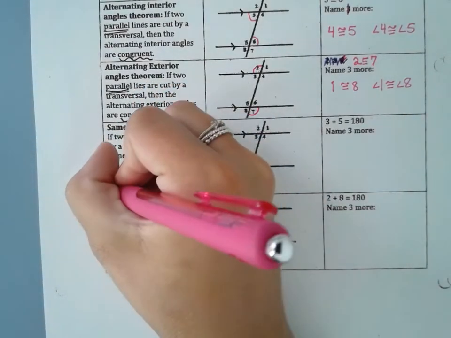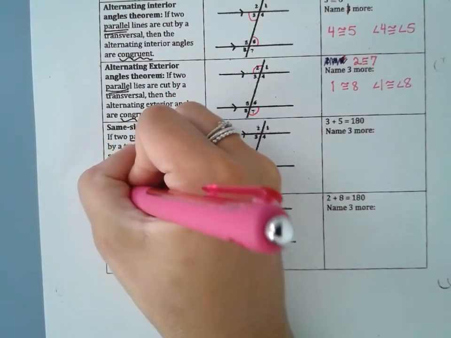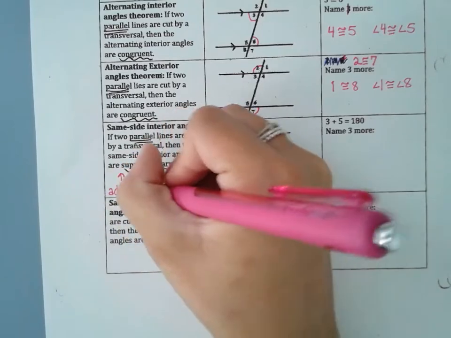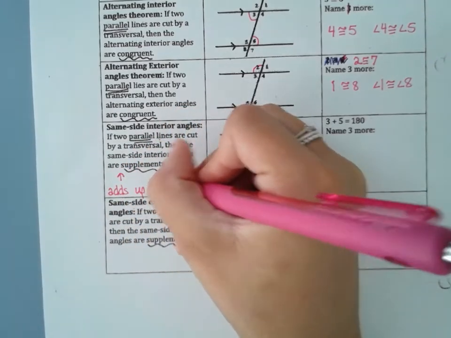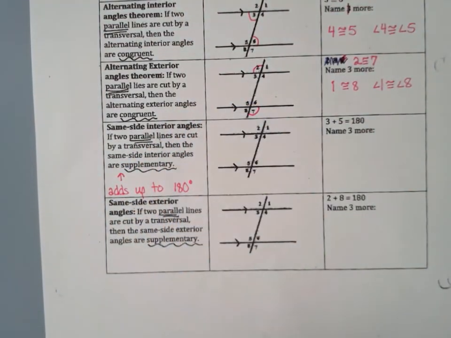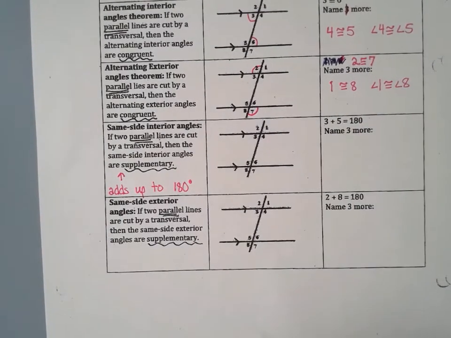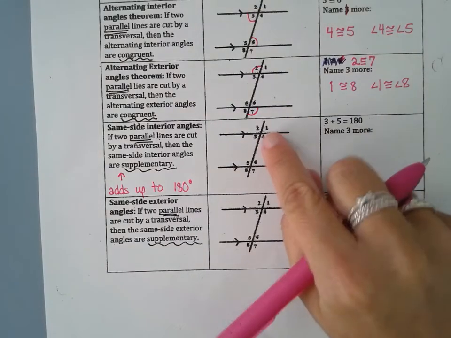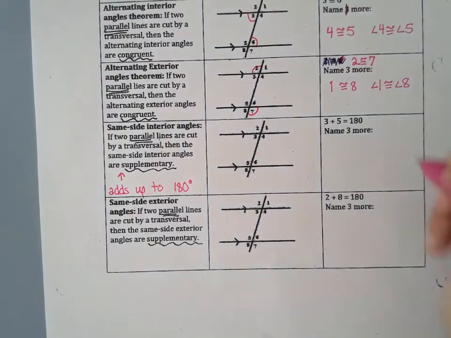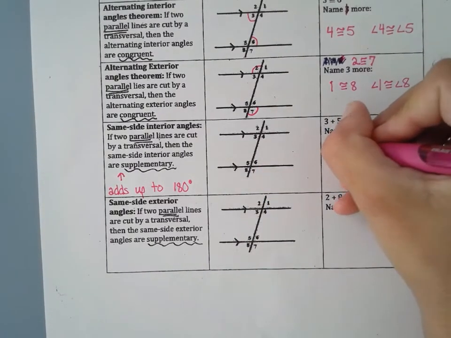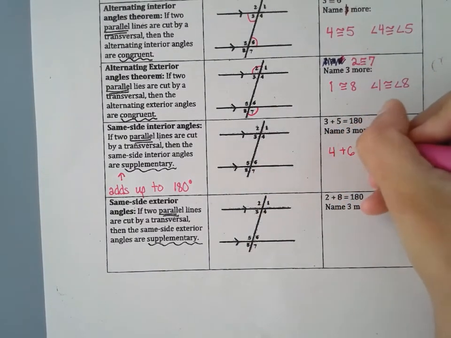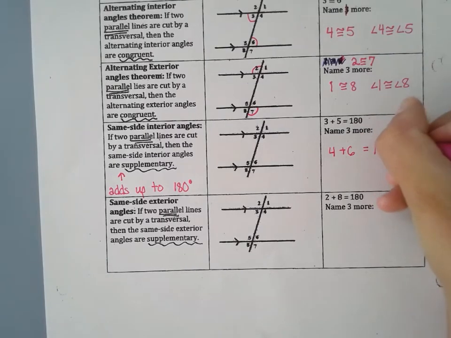Supplementary means adds up to 180 degrees. So our example here is angle 3 plus angle 5 equals 180 degrees. The other two interior angles that we have are angle 4 and angle 6 equals 180 degrees.